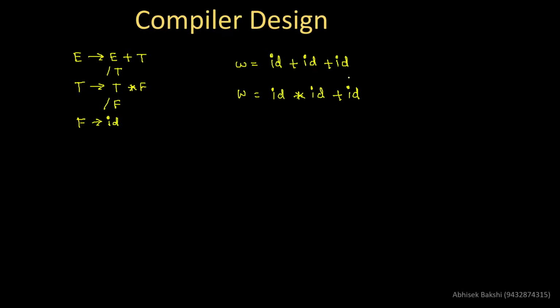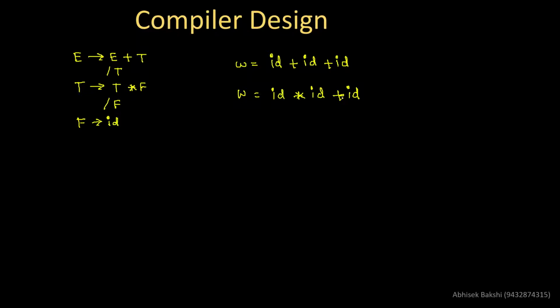In the first expression both operations are of the same type, and in the second expression the operations are of different types. So the computer has to decide which operation should be executed first.